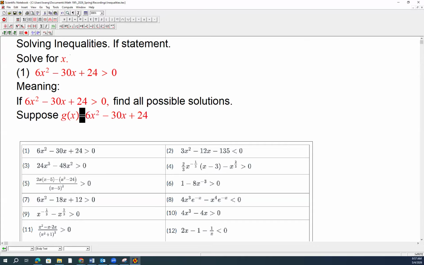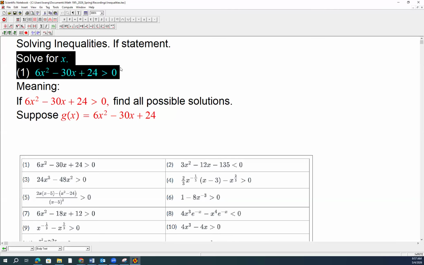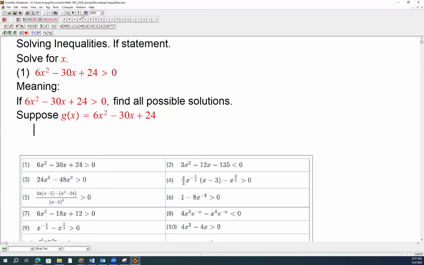We're given the left-hand side, so we're assuming it to be a function. When we solve for x, the x is the input and g is the function, the rule that produces output. In this case, we want the output to be positive.